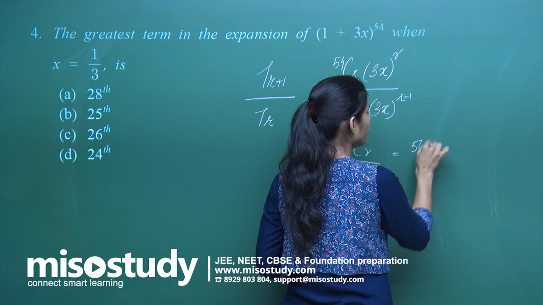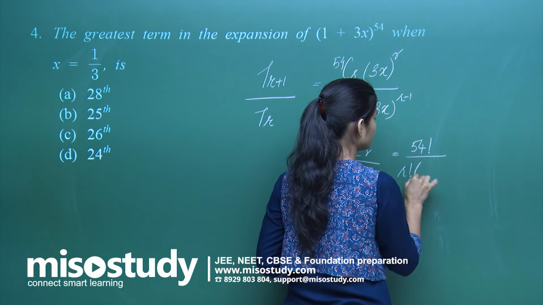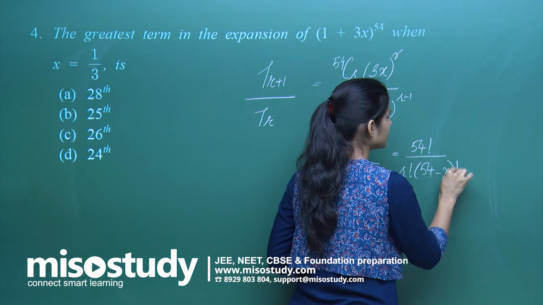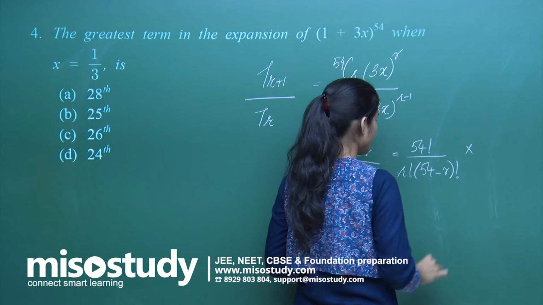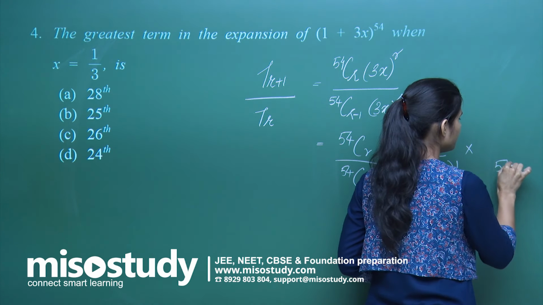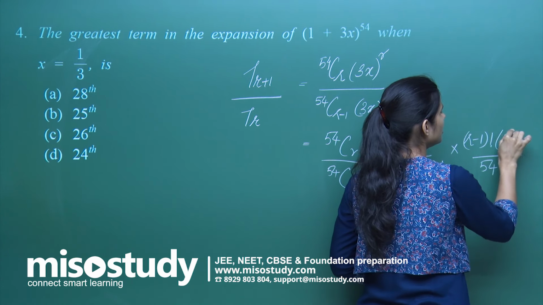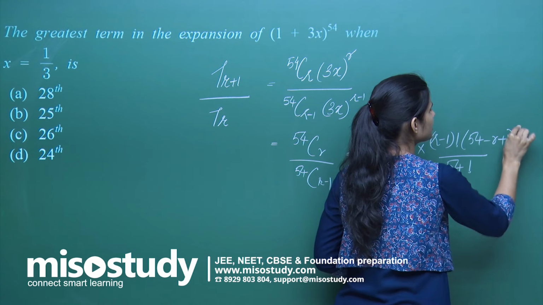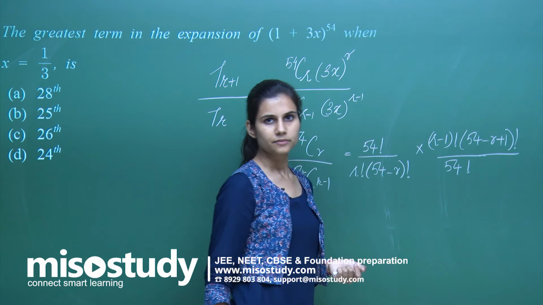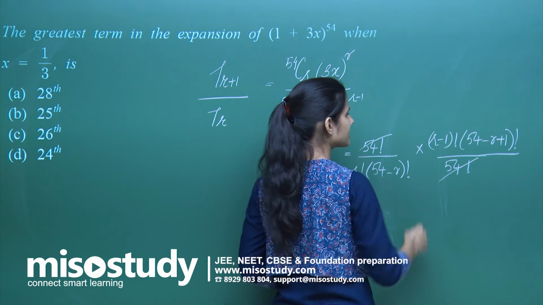This becomes 54 factorial upon r factorial into (54 minus r) factorial, and here you have 54 factorial upon (r minus 1) factorial (54 minus r plus 1) factorial. Fine. So obviously this gets cancelled out.